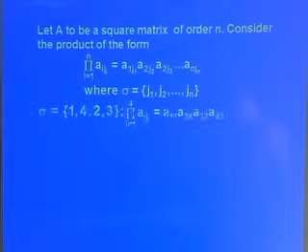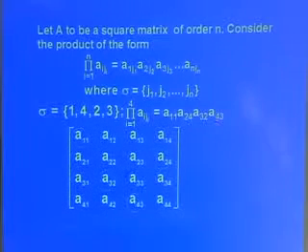Now if we consider, for example, sigma as this permutation, then the product for i equal to 1 to 4 of a_i j_i will be a11, a24, a32 and a43. If we consider this product and this square matrix, it basically means that we are considering this term multiplied by this term and this term.